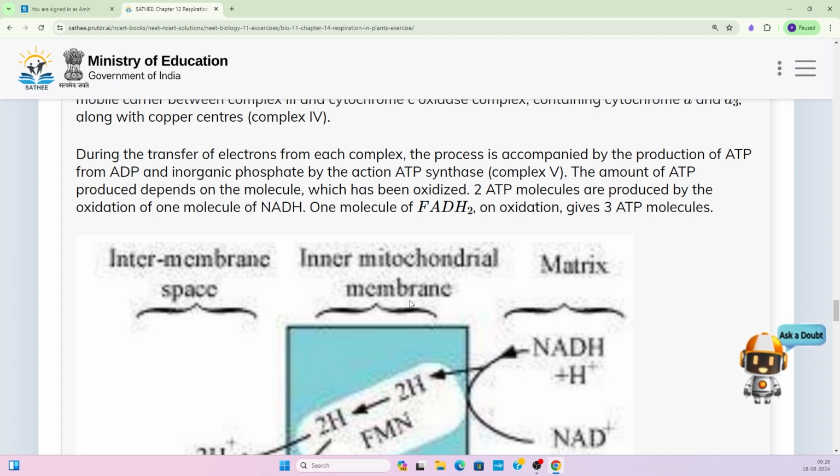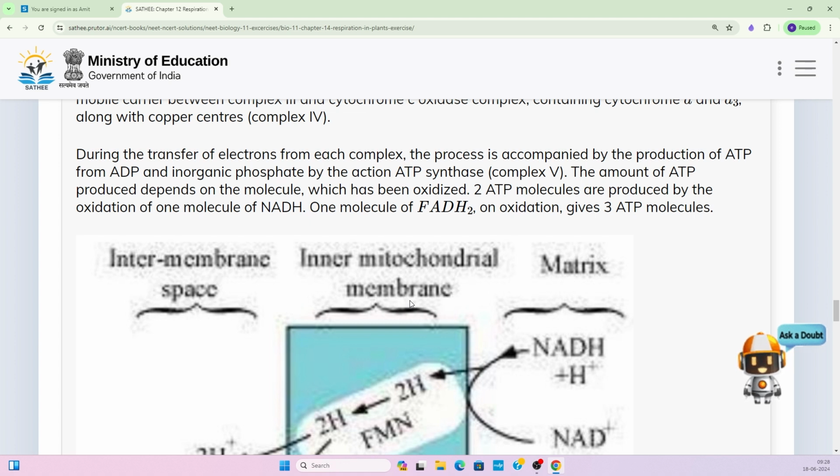During the transfer of electrons through each complex, the process is accompanied by the production of ATP from ADP and inorganic phosphate by the action of ATP synthase. So ATP generation is a very crucial step of this reaction.